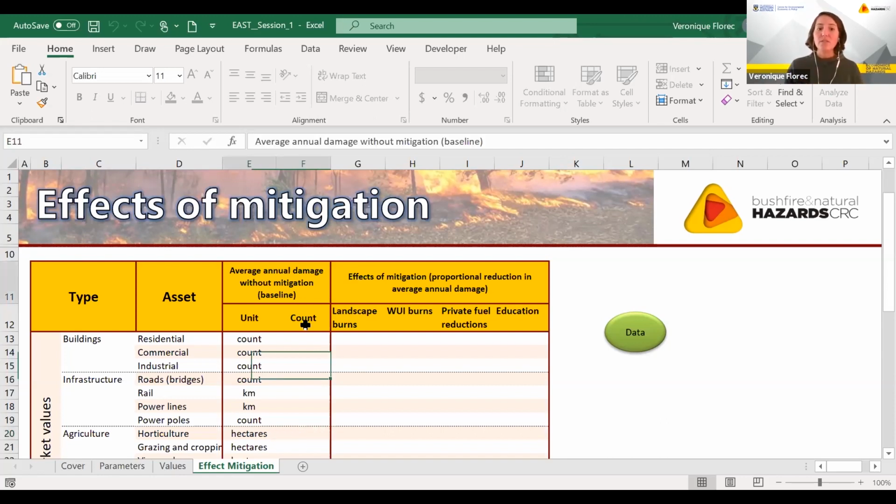And when you ask how they become average annual damage, what you will have is a look at all the different events that you had in the past. A lot of the times this comes from historical data, or if you don't have historical data, it will be from simulations.